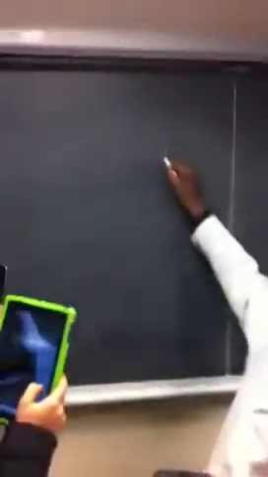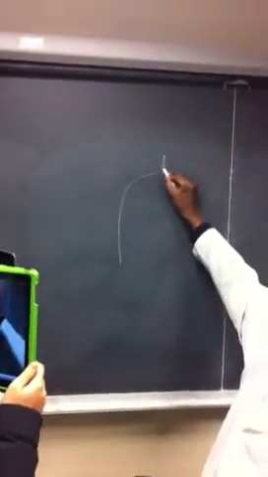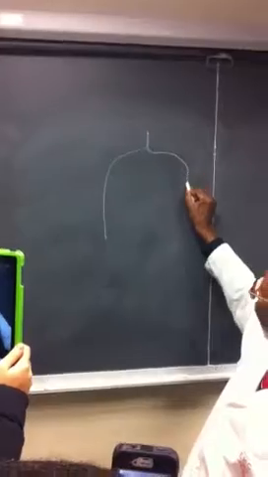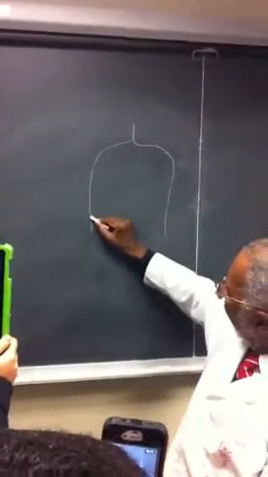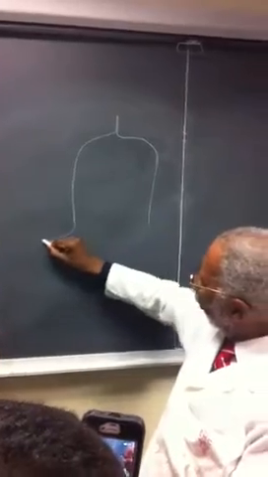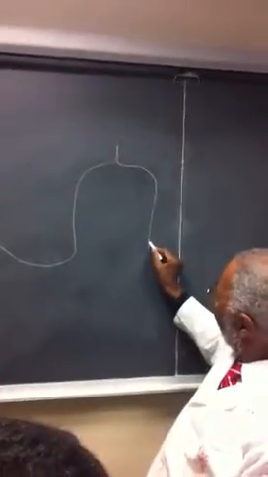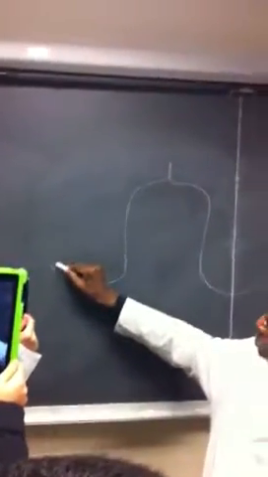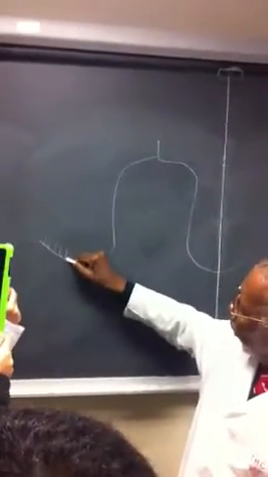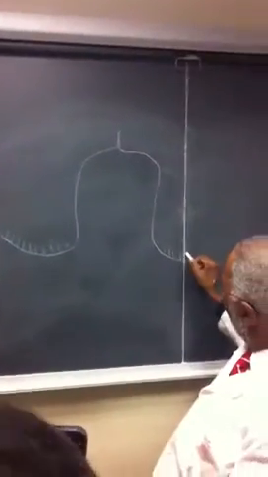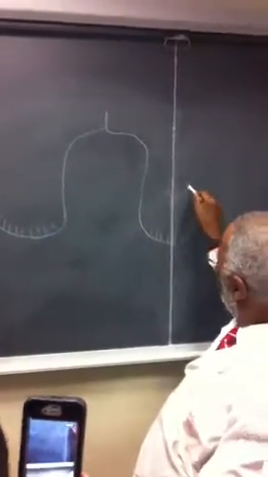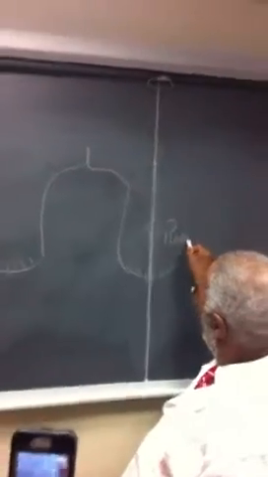The bundle of His has two bundle branches, right and left. These bundle branches will then move into the walls of the ventricles, both right and left. In the walls of the ventricles, you will see Purkinje fibers. These are the Purkinje fibers.